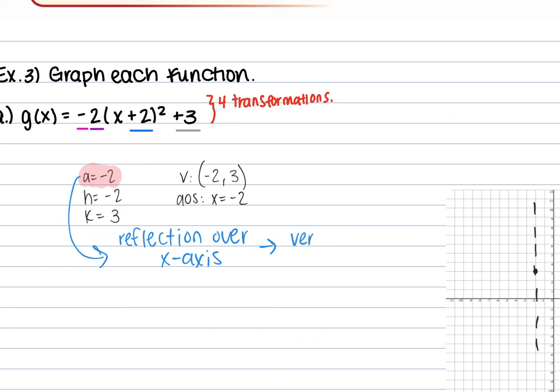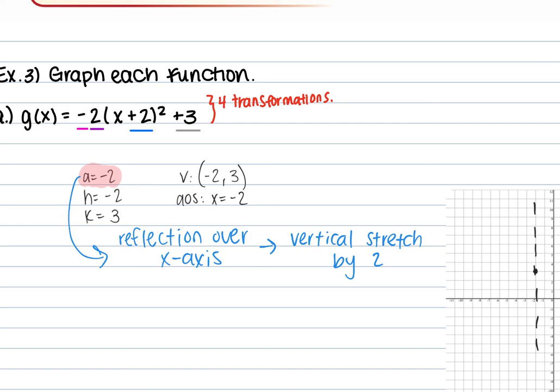Good. It's a vertical stretch by 2. Remember, even though -2 is less than 1, you're looking at the absolute value. So the absolute value of -2 would be +2, right? And that number is bigger than 1. So we are still stretching it. I treat the negative as a separate transformation than the 2.